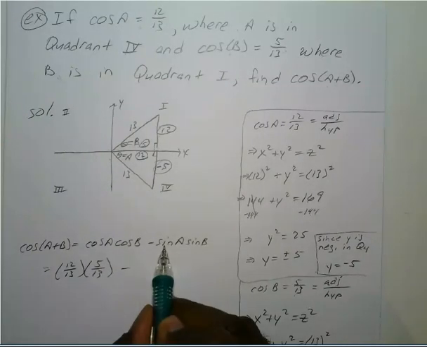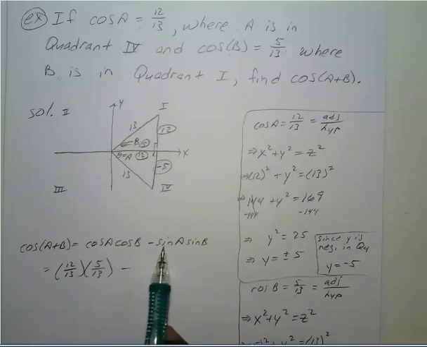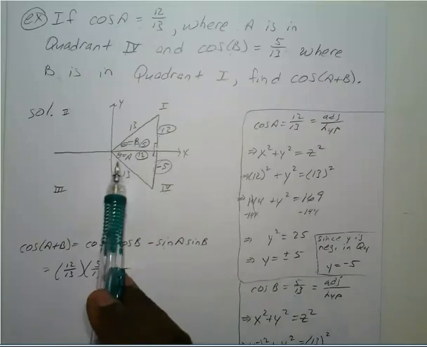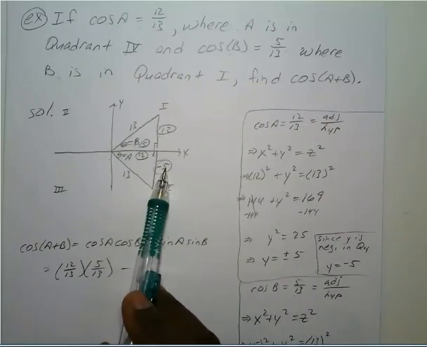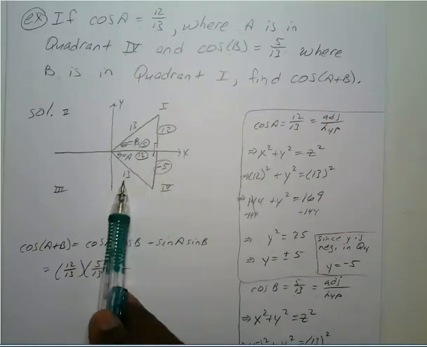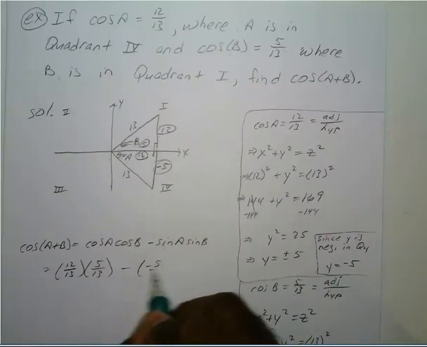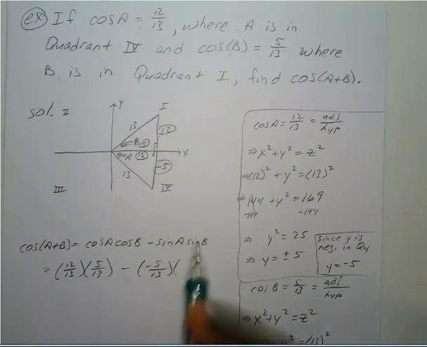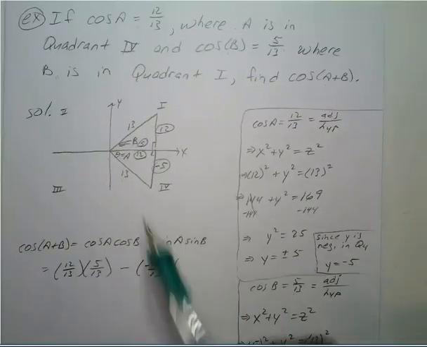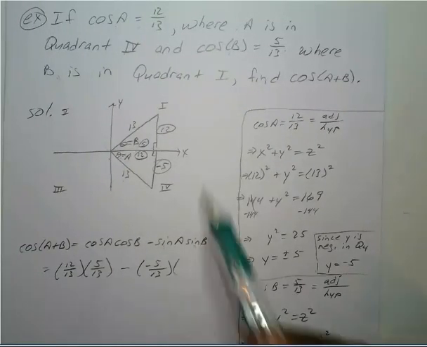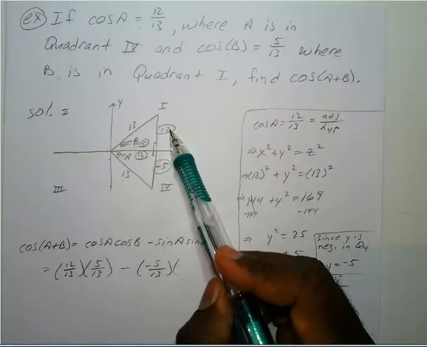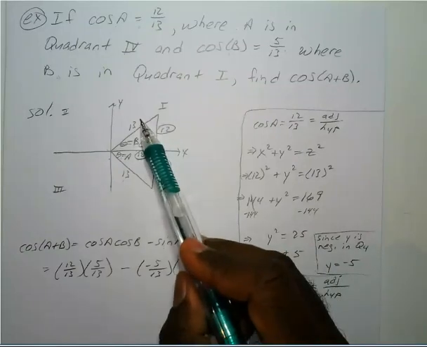Minus sine of a. Remember, sine is opposite over hypotenuse. So for a, your opposite is negative 5. Your hypotenuse is 13. So it's negative 5 over 13 times your sine of b. Remember, that's again opposite over hypotenuse. So you have your opposite, which is 12, and your hypotenuse, which is 13.